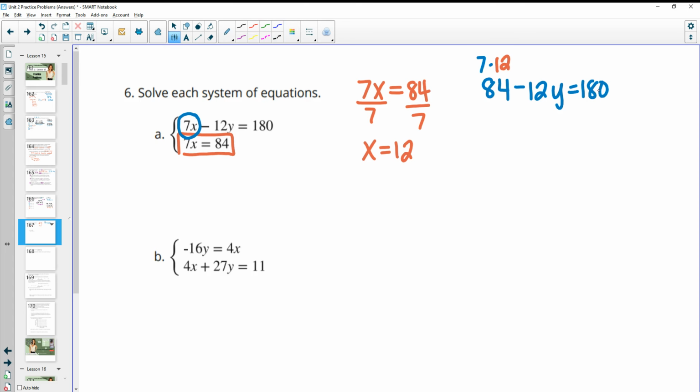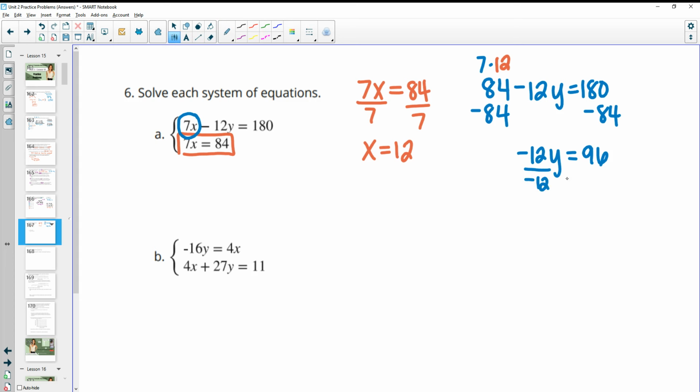So now the 84 and the 180 are like terms, but we need to get the 84 off of this side. So we're going to have to subtract 84 from both sides, because 84 minus 84 is 0. Then we have negative 12y, and then 180 minus 84 is 96. So then really 0 minus 12y is just negative 12y.